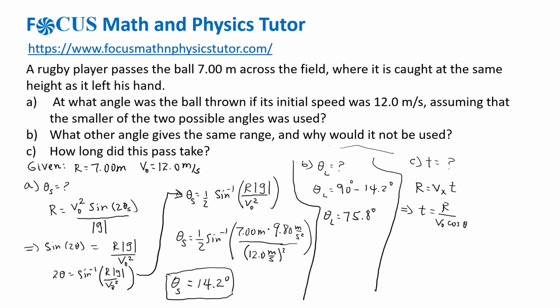All right. If you use the smaller angle, the time it takes will be 7.00 meters over 12.0 meters per second multiplied by the cosine of 14.2 degrees.